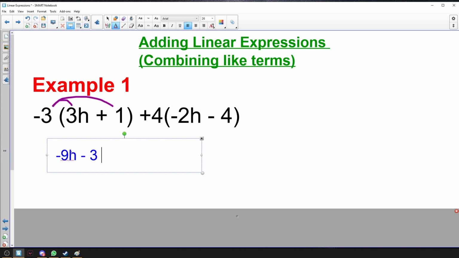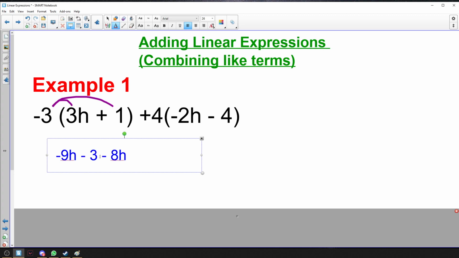Now on the other side, I have 4 times minus 2h, and it's just 4, it's not a negative. So 4 times minus 2h, or negative 2h, however you want to say it, that will give me positive 8h. Oh, sorry, what am I talking about? Because a plus and a minus will be a minus, so minus 8h.